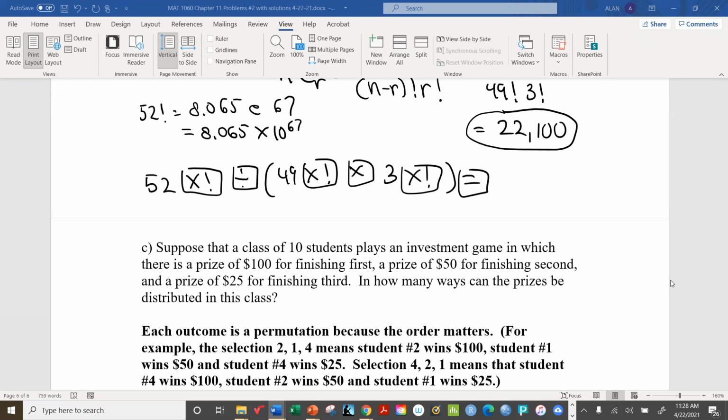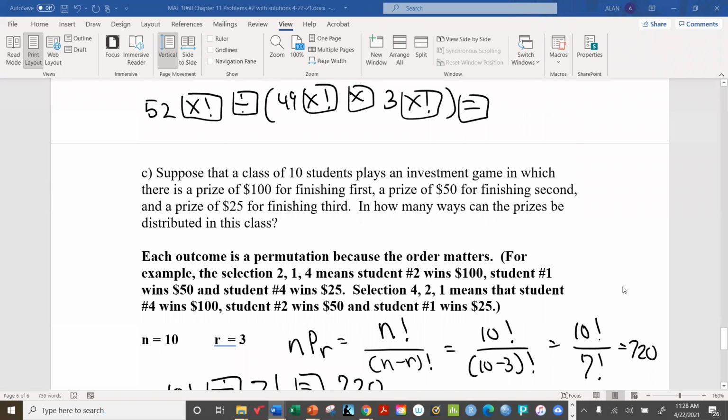For example, the selection 214 means that student number 2 wins $100, student number 1 wins $50 rather, and student number 4 gets $25. That's a very different outcome than, let's say, 421, even though they're the same numbers, because this means student number 4 gets the $100, student number 2 gets the $50, and student number 1 gets the $25.